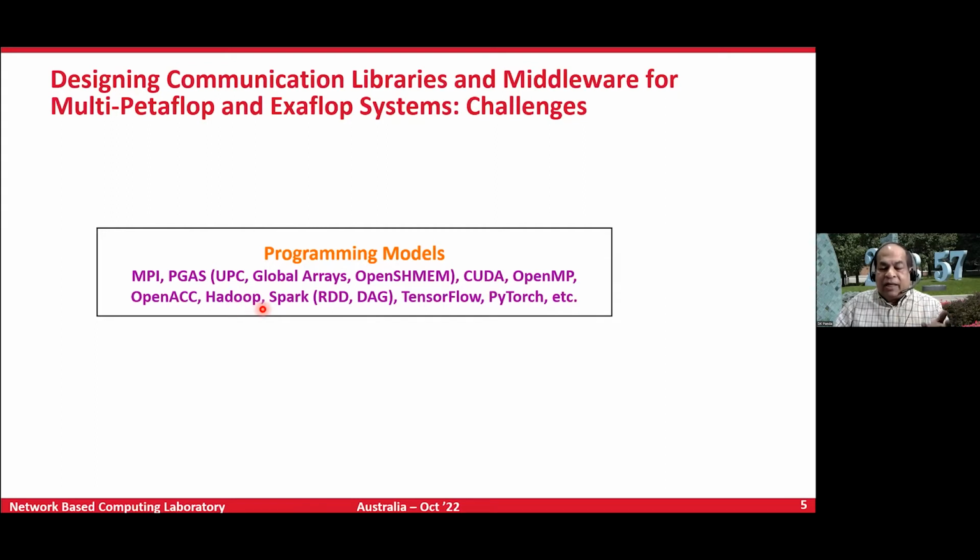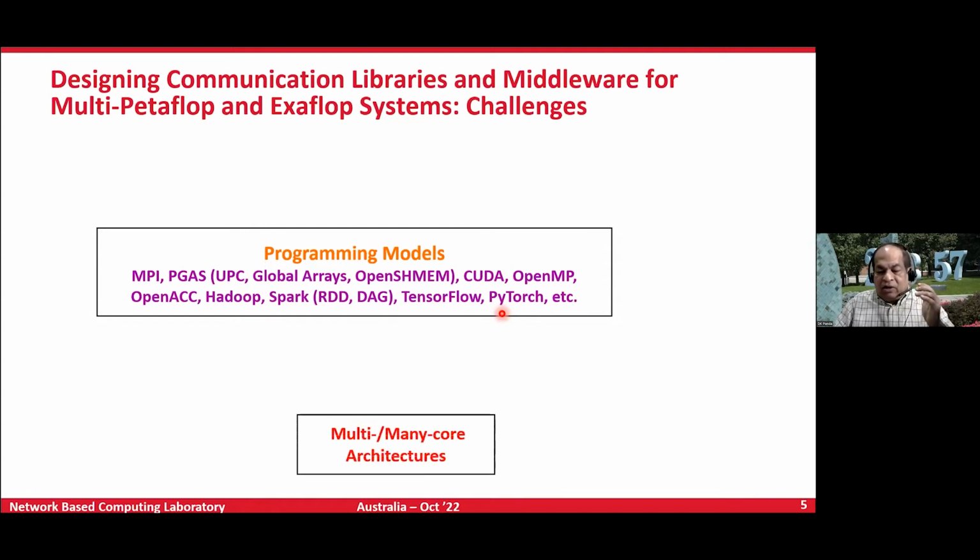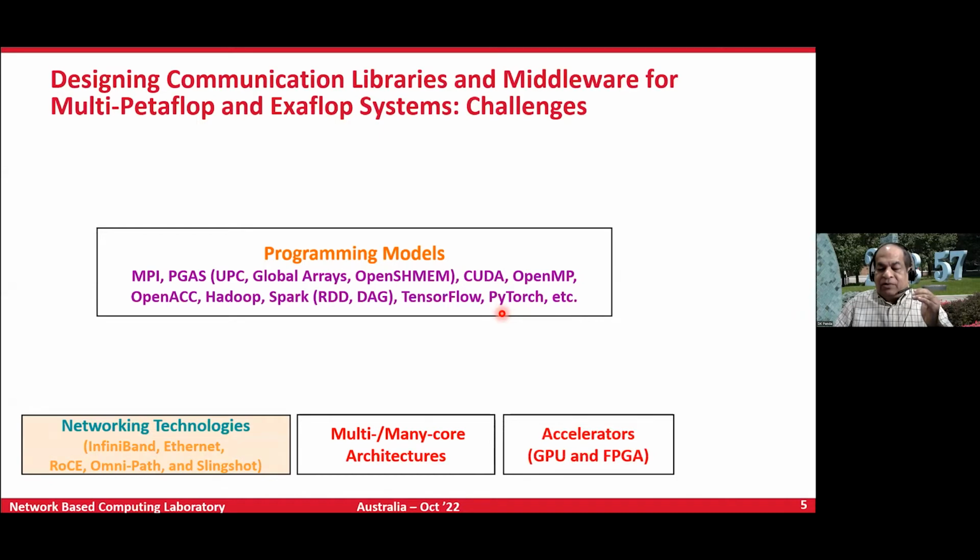If you go to big data, it could be Hadoop, Spark, the new Dask is entering into that mix also. Or if you are trying to do some deep learning, it is TensorFlow, PyTorch. Now the question is, when people are trying to run their application with these models, they of course want performance. So that is at the top, but below we have all these different technologies which are being given to us, different kinds of networking technologies, multi-core, many-core architectures, accelerators.